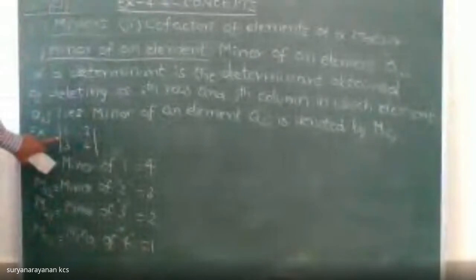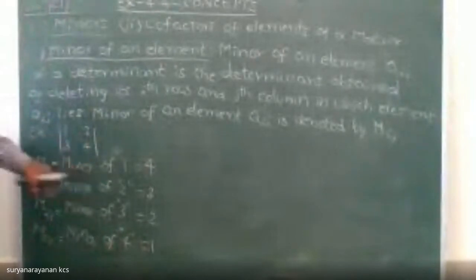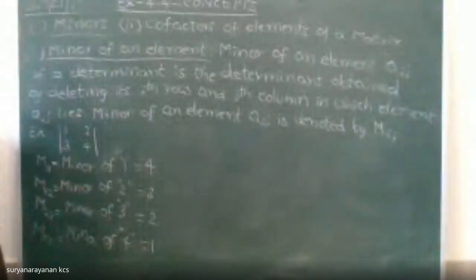In the case of a 2 by 2 matrix, they can be found like this.